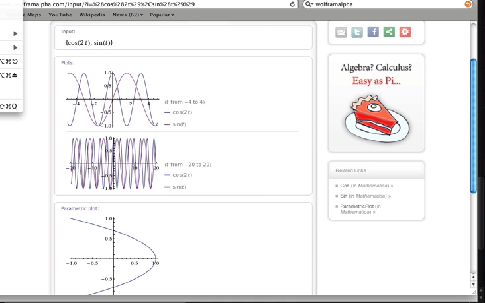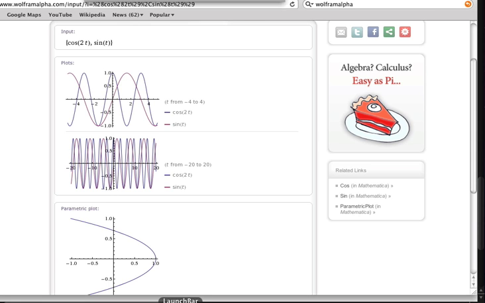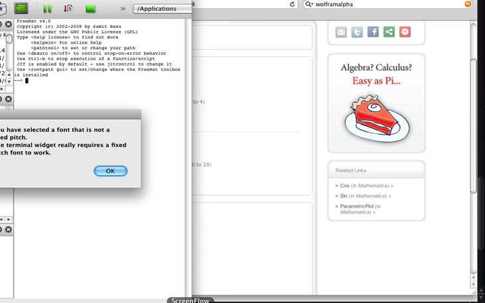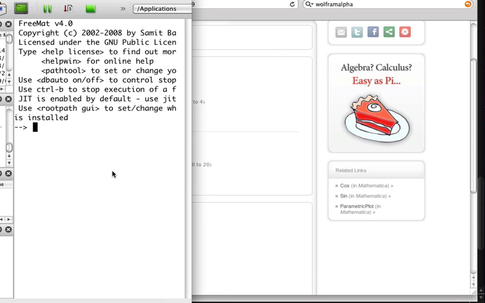Okay, so then what about if you keep going? Since this is only giving us part of the graph, and I don't know how to tell it to not, now is a perfect time to call up FreeMat.